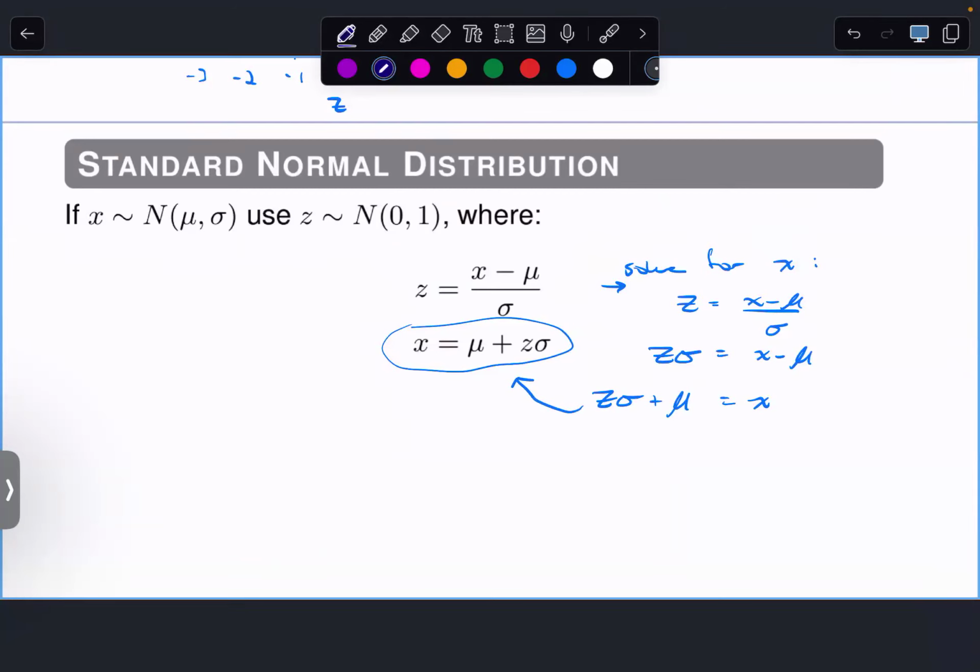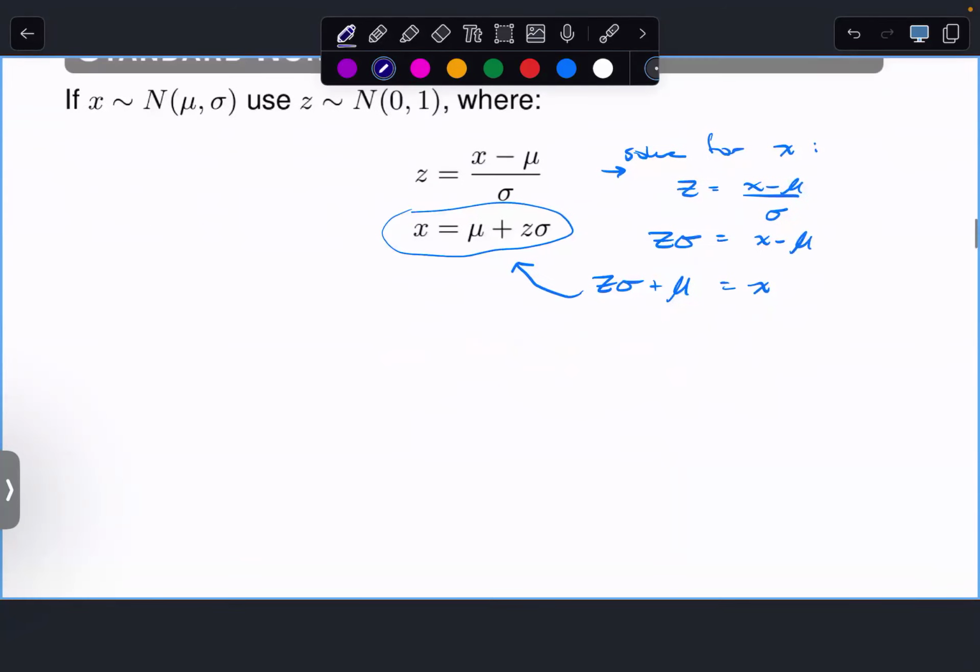It is important. Okay. Z scores, some facts. Or Z score facts, let's call them that.